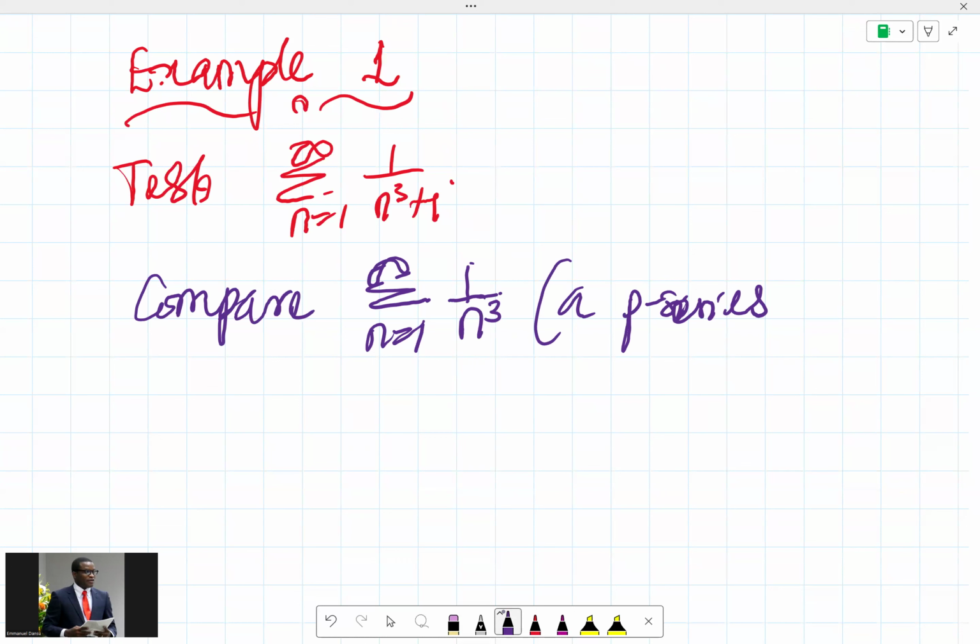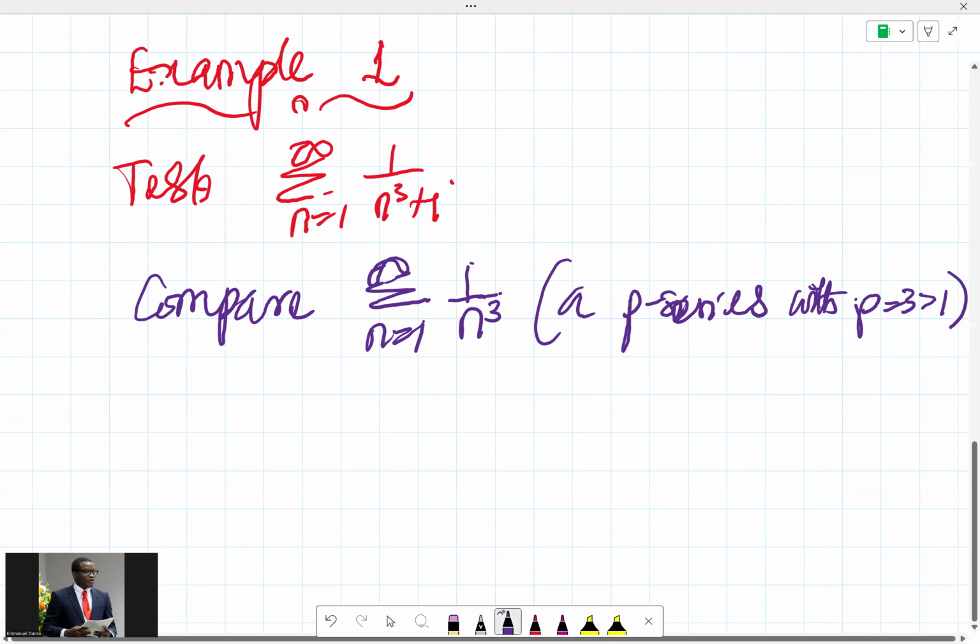I'm going to talk about it after all these tests on convergence; the next video is going to be on divergence of certain series. So p series is one of such series. So we compare this summation of 1 over n cube, a p series with p equal to 3, and of course 3 is greater than 1.